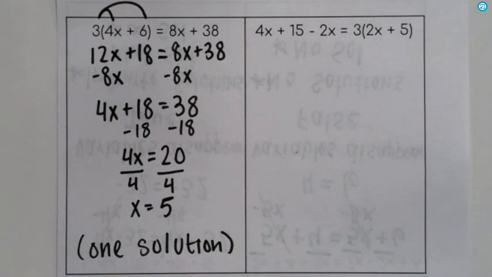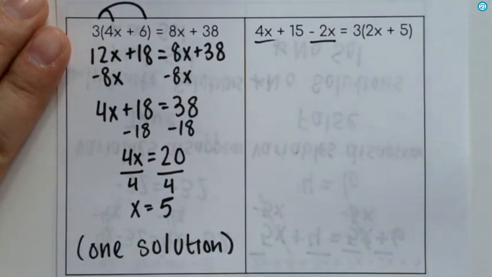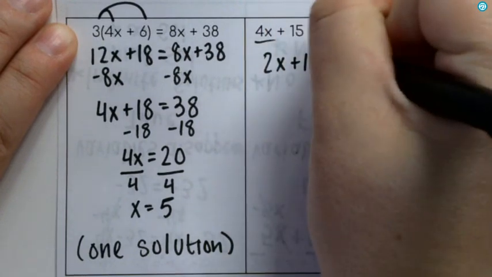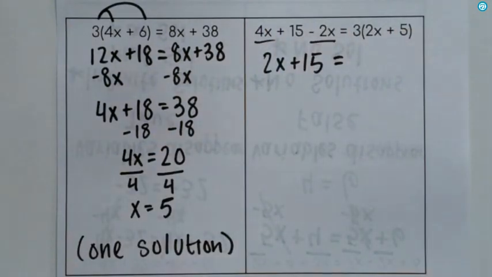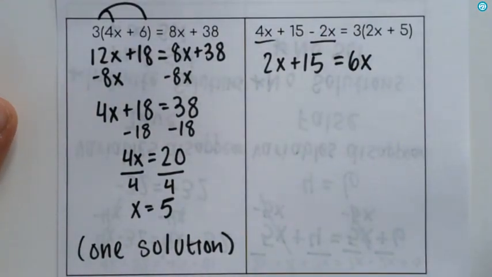We've got 4x plus 15 minus 2x, so we'll combine the 4x and negative 2x there. 4 minus 2 is 2x plus 15 equals, and then on the right side, 3 times 2x is 6x. 3 times 5 is 15.